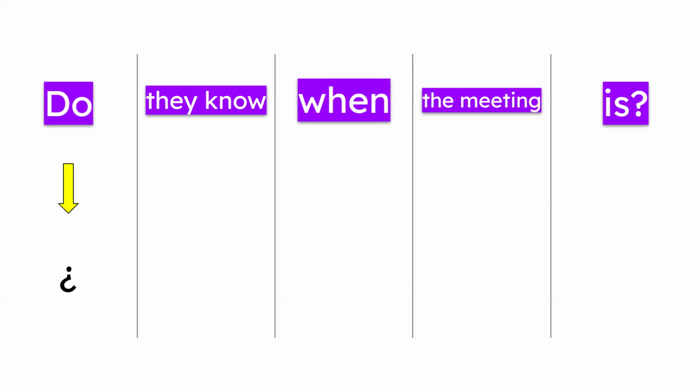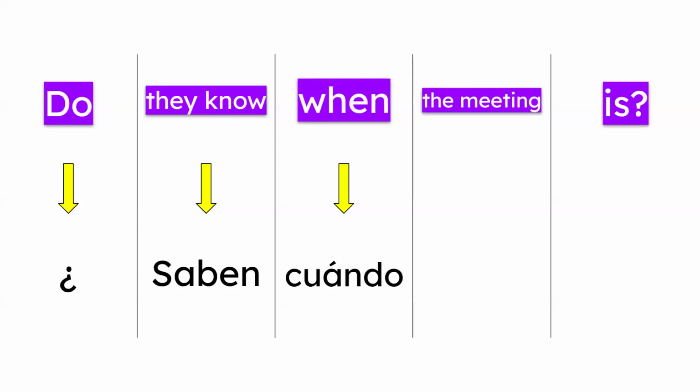The right conjugation goes saben, right? You can say ellos saben, but in Spanish, we most of the time drop the personal pronouns. Saben, when, easy, right? Cuando. Saben cuándo, and then the meeting. How do you say the meeting in Spanish?